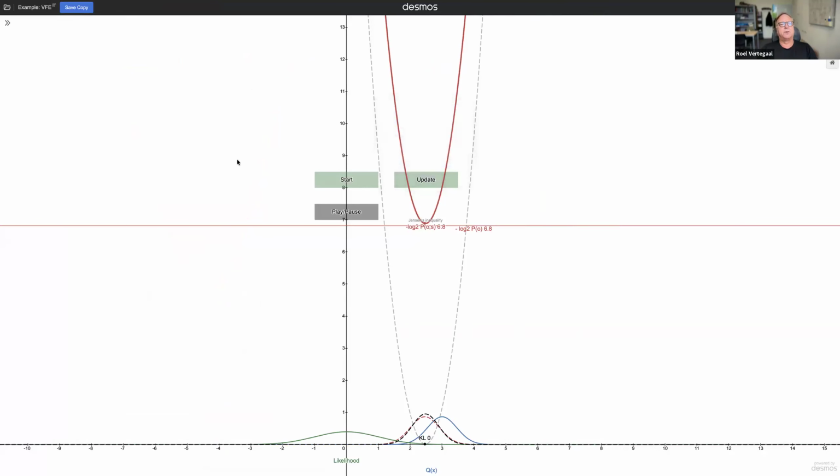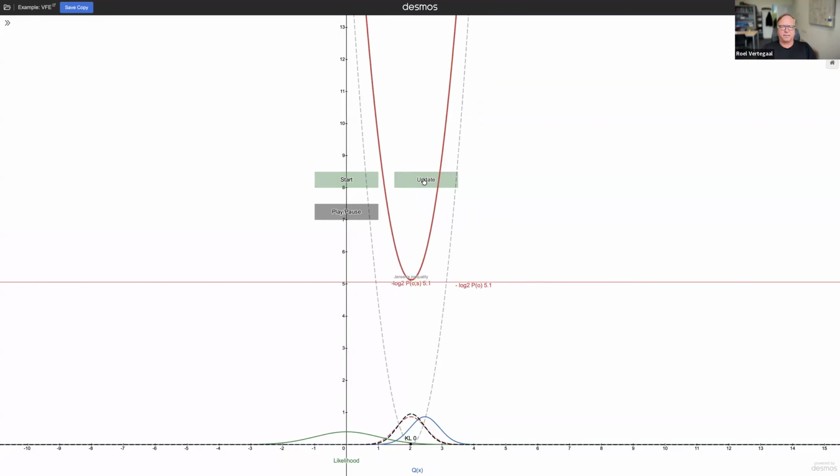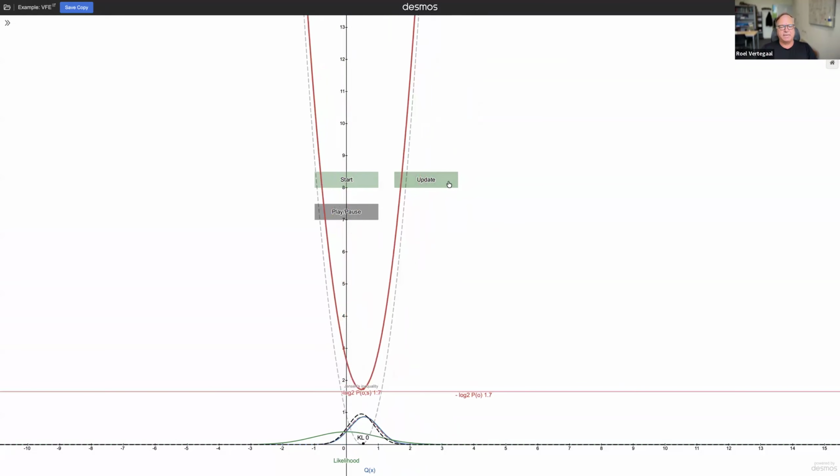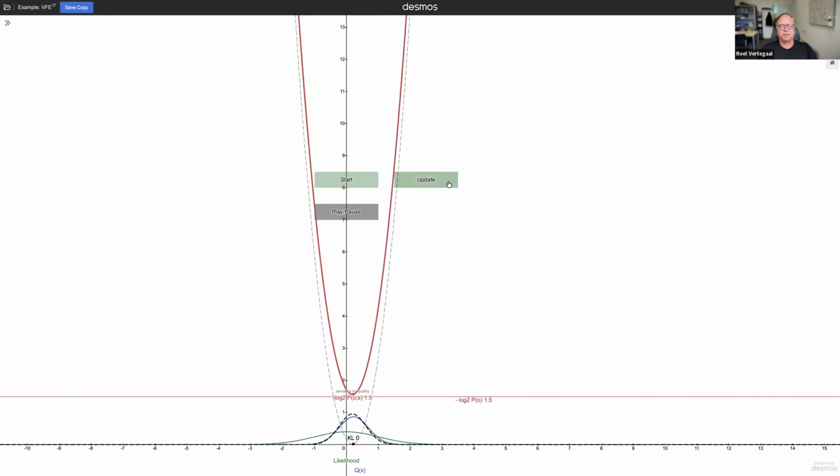So here we see basically negative logs. And what we're doing is we're optimizing free energy. So what we're trying to find is first, the lowest point of free energy, which would be a negative log PO, and then we update the prior to the posterior, and we find another one, and we do this again and again and again until we hit the likelihood function, which is where the prior and posterior match, and we get to a particular negative log PO.